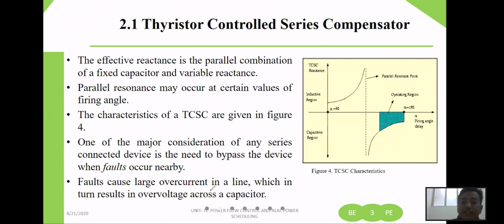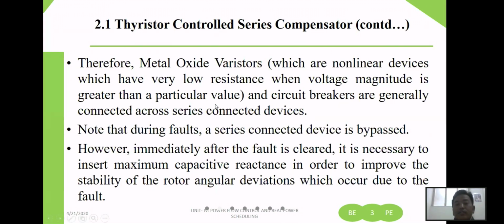Okay, so in order to do this, most of the time you will see that it is a combination. So it is thyristor control. It will have a combination of metal oxide varistor, and a circuit breaker will be connected across the device, so that if there is a fault, it will be bypassed, and as soon as the fault is cleared, it will be connected there.